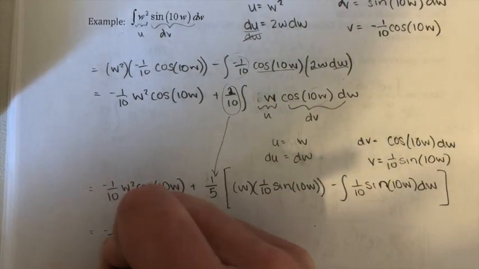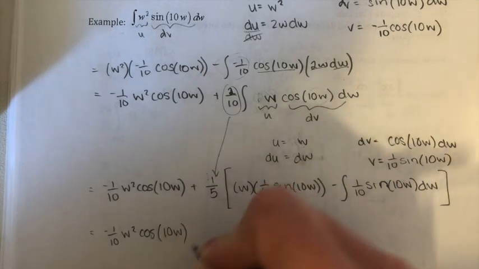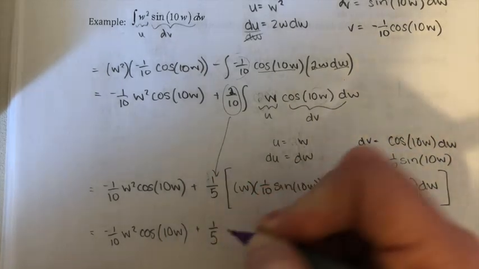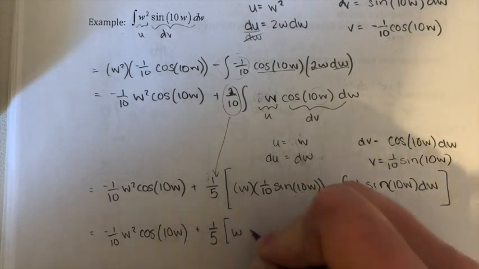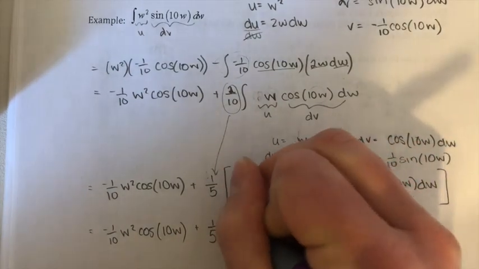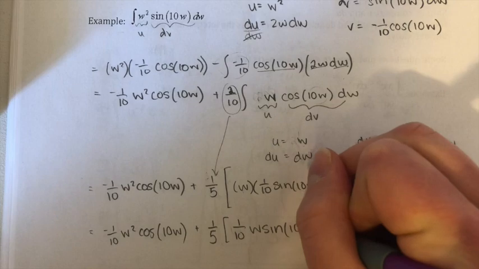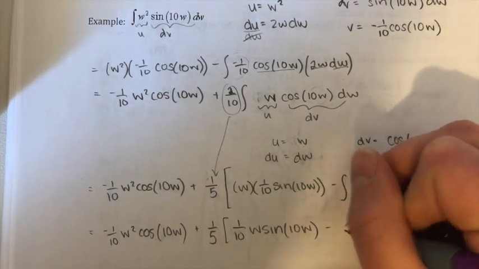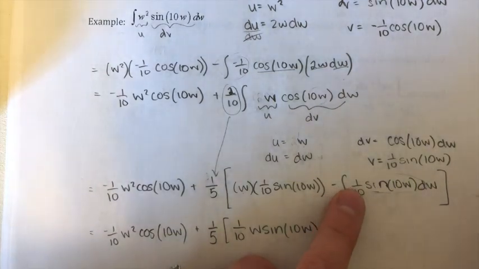So we've got -1/10 w squared cos of 10w plus 1/5 of, let's write this in a nicer order too. So 1/10 w sine 10w minus the 1/10 is going to pull out in front, and then we're just doing the integral of this.